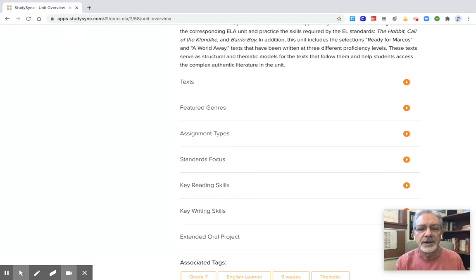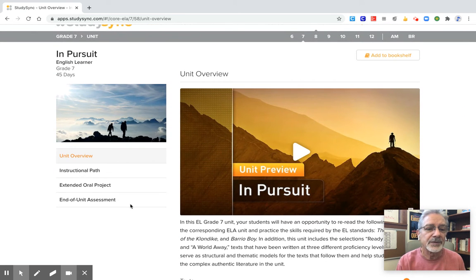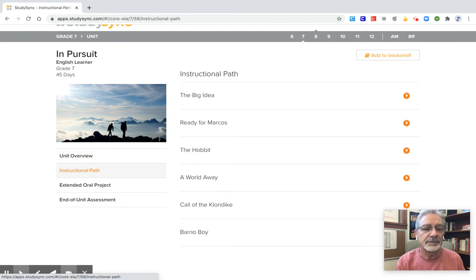Assignment types, standard focus, key reading skills, key writing skills, and oral skills, which are all things that we have to do with ELD. In our instructional path, you see that we have the big idea, and there's 1, 2, 3, 4, 5 stories instead of a whole lot of them.